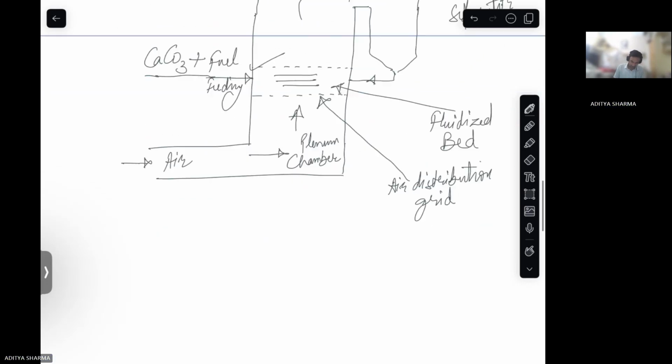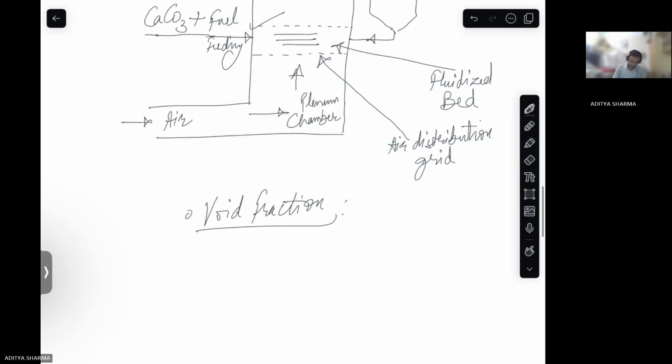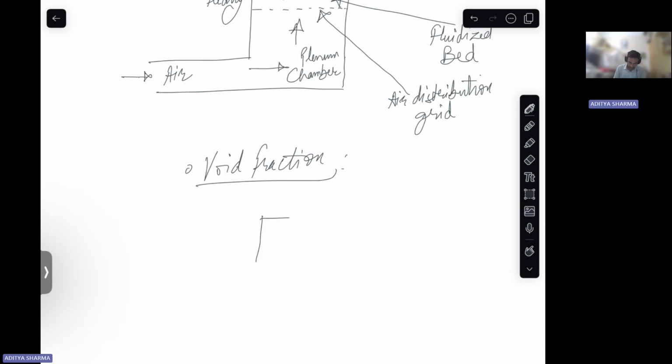Then one parameter is void fraction. Void fraction basically is, when your fuel particles have fluidized, some space is left. So if this is your bed, and this is in fluidized state, there will be some space left, right?